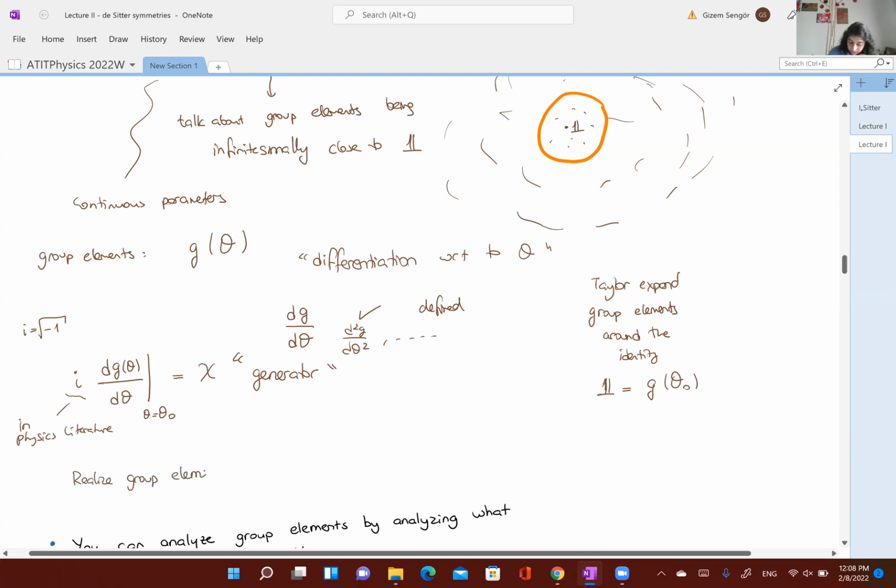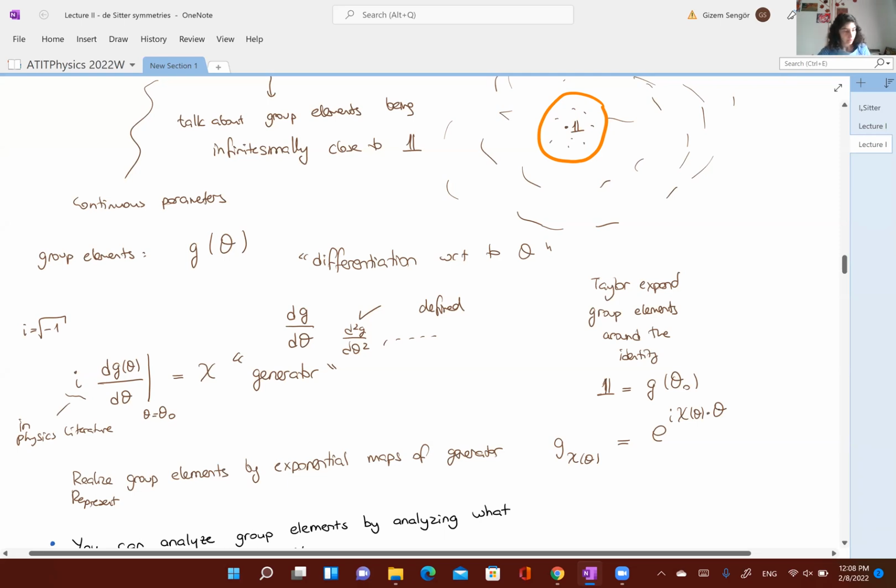But so you can then realize group elements, or represent them, by exponential maps of the generator. So this is really multiplication.